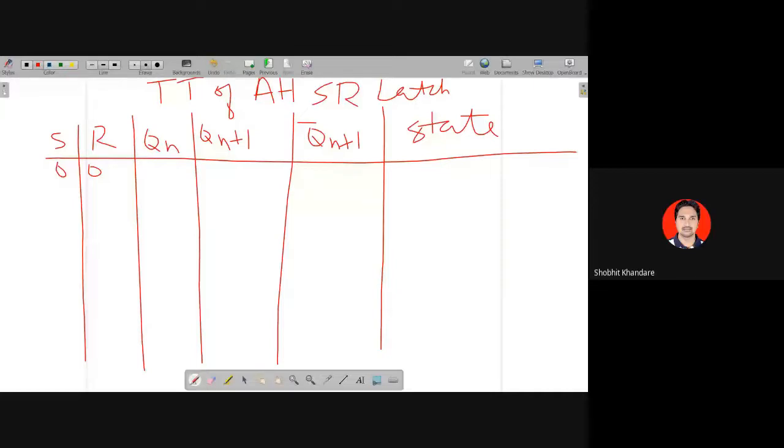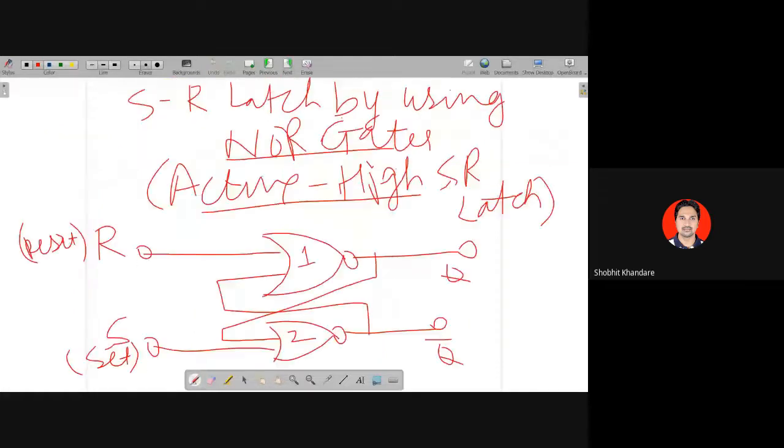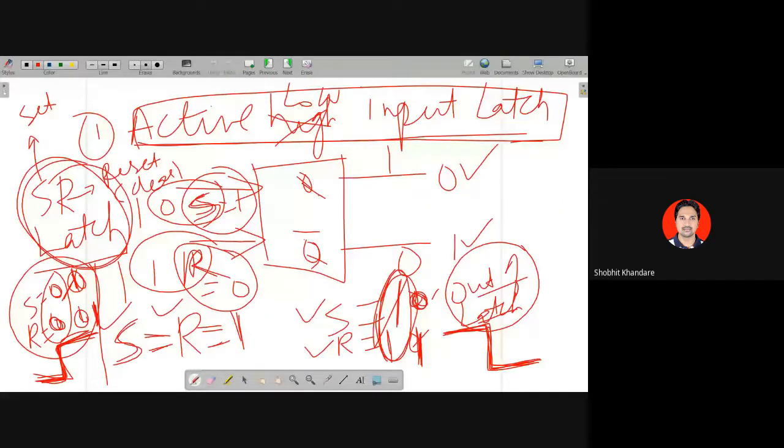Now see here, अगर मेरा SB 0 है, RB 0 है, मैंने आपको पहले क्या बताया था? Previously मैंने आपको क्या बताया था? अभी मैं एक्टिव हाई की बात कर रहा हूँ. तो एक्टिव हाई की बात जो कर रहा हूँ, तो I should talk about this.